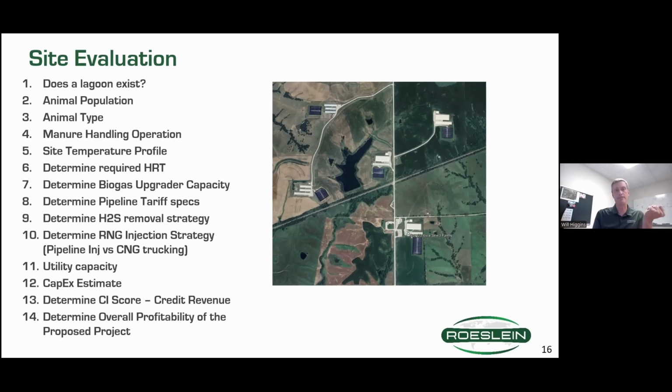Is it easier to pipe this renewable natural gas to a utility natural gas pipeline? If there was one a mile away, it might be easier to pay for the interconnect than it is to put in the system to load it onto compressed natural gas trucks, drive those trucks to another location that has an interconnect, and offload them. In this case, we actually are doing that. We're driving the trucks to a site in northern Missouri, and we're offloading those CNG trailers into a pipeline interconnect that we already own and operate.